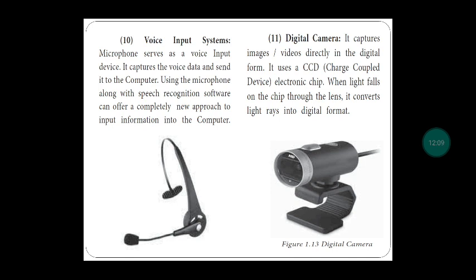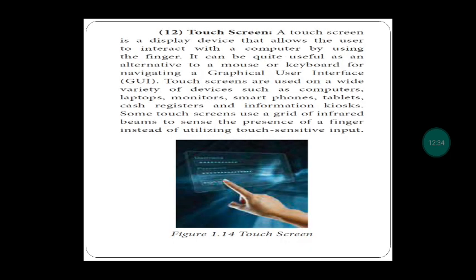This digital camera is also an input device. It captures images and also videos, and directly we can send the data to the computer. It uses a CCD electronic chip. CCD means charge coupled device. This can be converted and sent into the computer in a digital format.